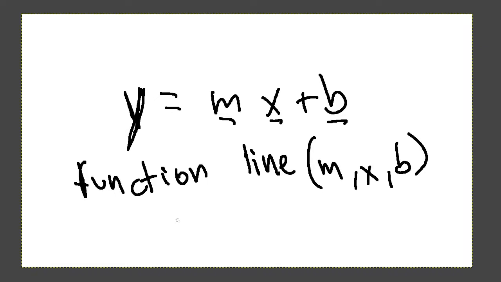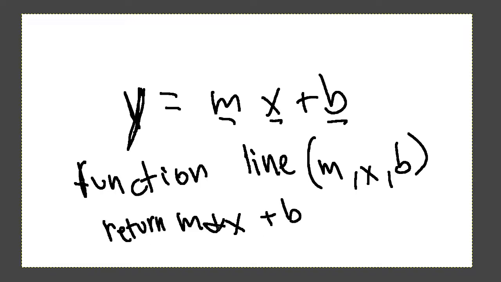Then in here, it's going to calculate m times x plus b, and usually a function will return something. So we're returning m times x plus b, and we can even just write y is equal to that, and return y.